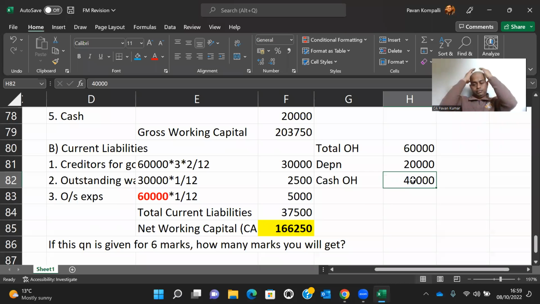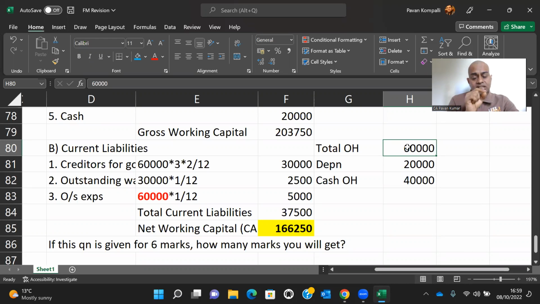Shall I take 40,000 or shall I calculate working capital based on 60,000? Do I need to pay 60,000 to outsiders or only 40,000 to outsiders?